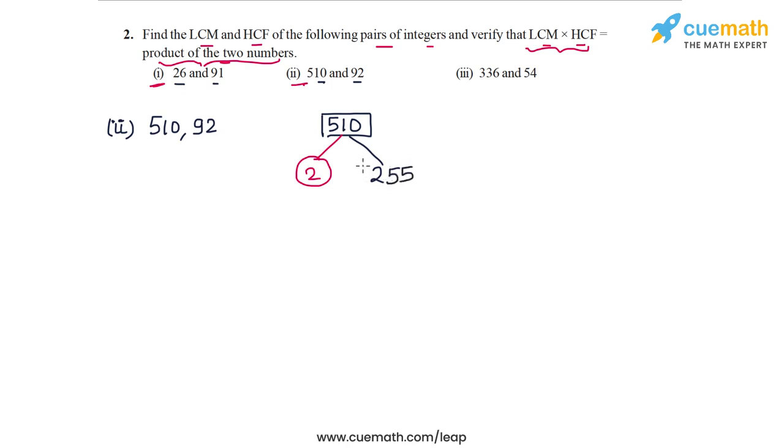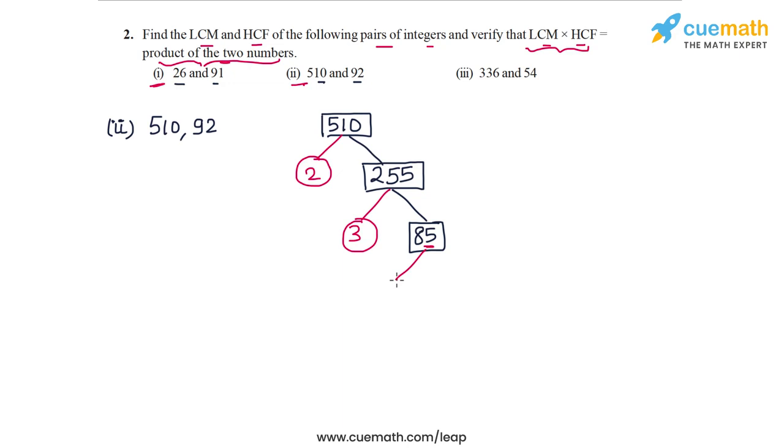255. Now 255 is not even, but it is a multiple of 3 because the sum of its digits is 12. So let's take out a factor of 3, and that will leave us with 85. Now 85 is neither an even number nor a multiple of 3 because the sum of its digits is 13, so it's not a multiple of 3, but it is a multiple of 5 because its last digit is 5.